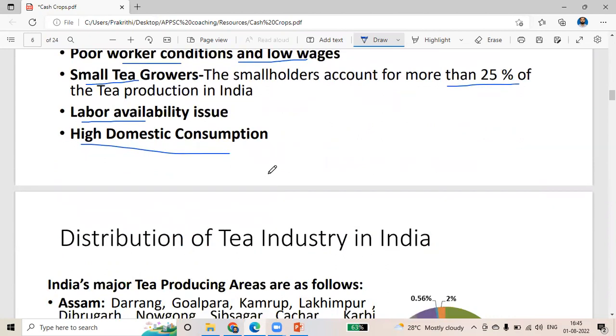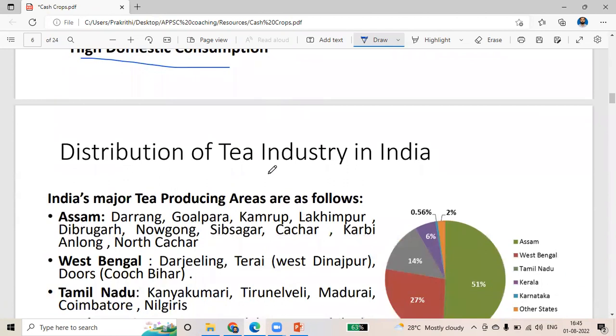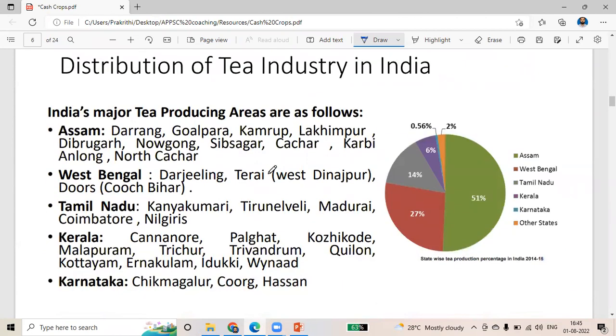Now we can see the distribution of the production of tea in India. So सबसे highest production is in Assam. India में सबसे highest production, if you look here, 51%, almost half of India's tea production is in Assam region में है.